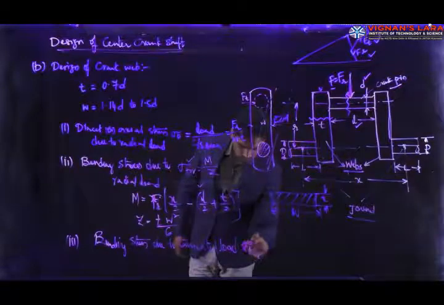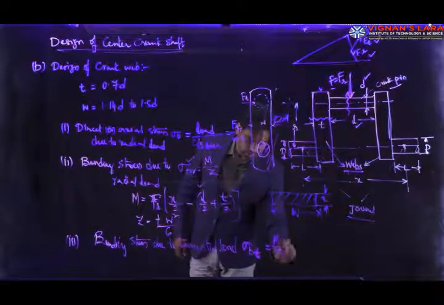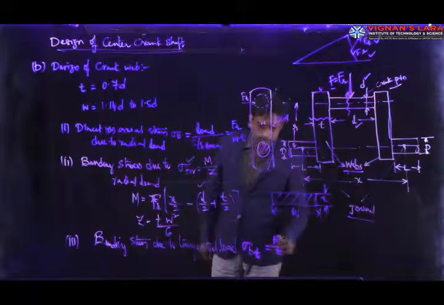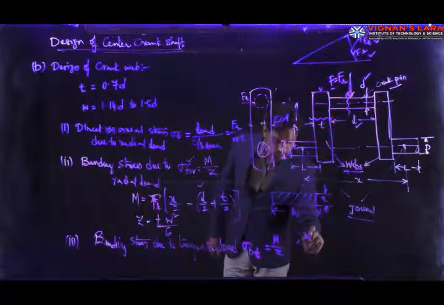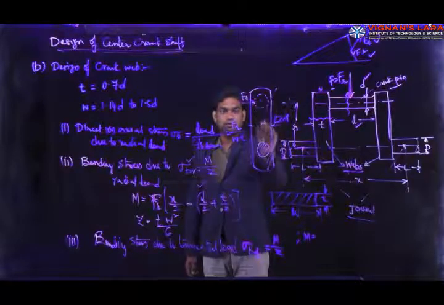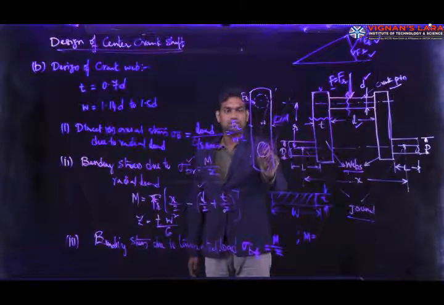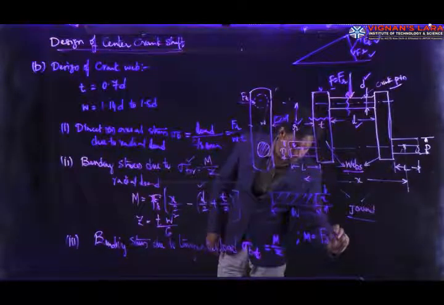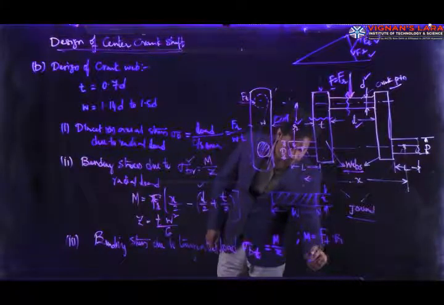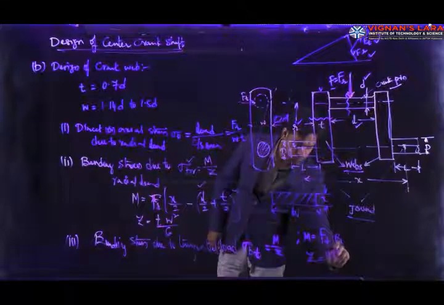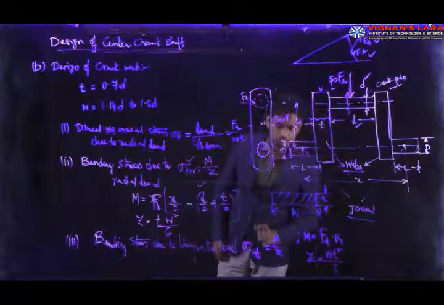and this we can denote with sigma Bt. Again I can denote it with M by Z, but here the moment is going to vary. The force is acting here, and the distance from the load to the support is R. So the moment is calculated by Ft into R, and the section modulus is W into T square by 6, that is, in the opposite direction.